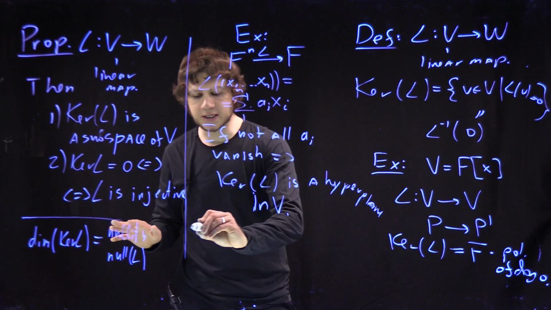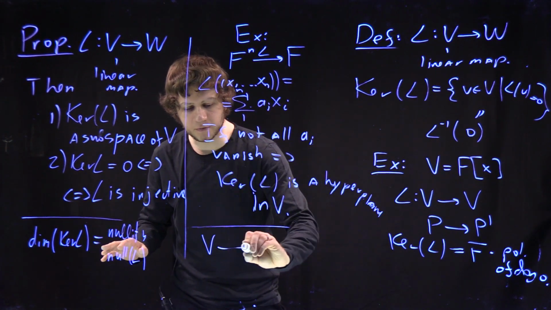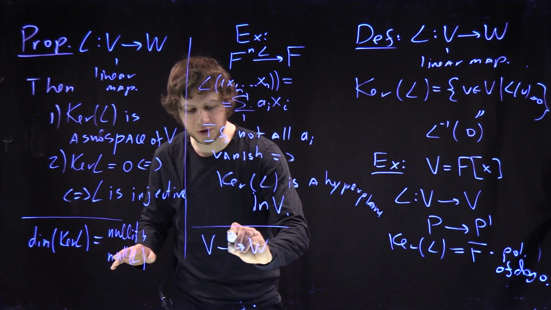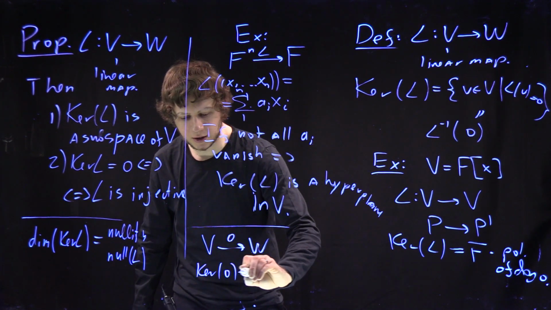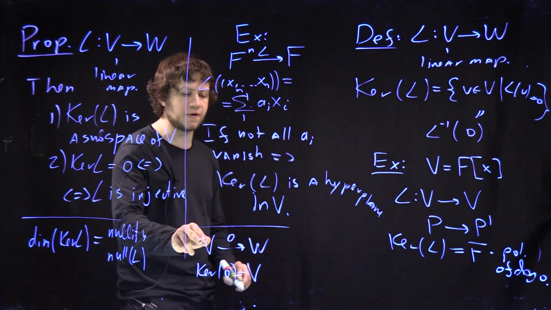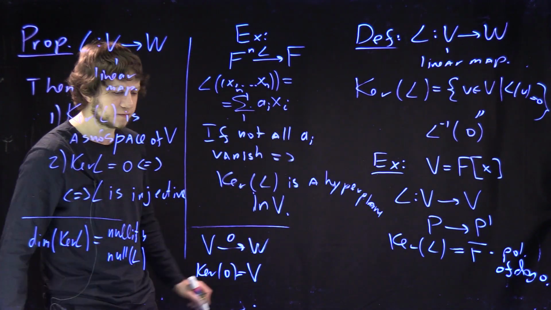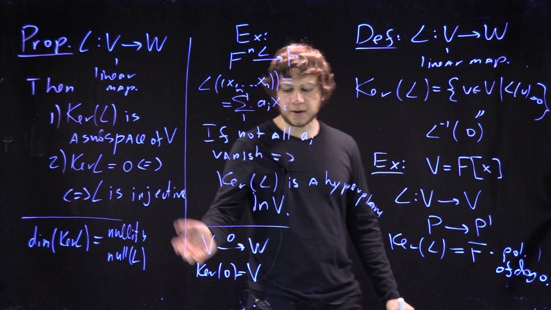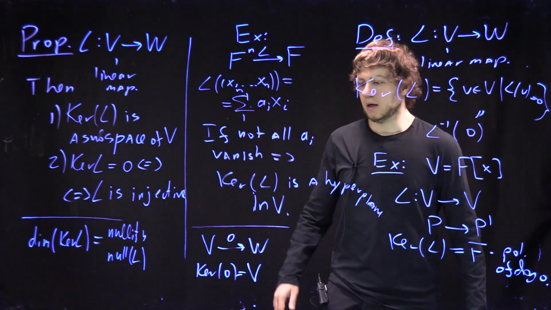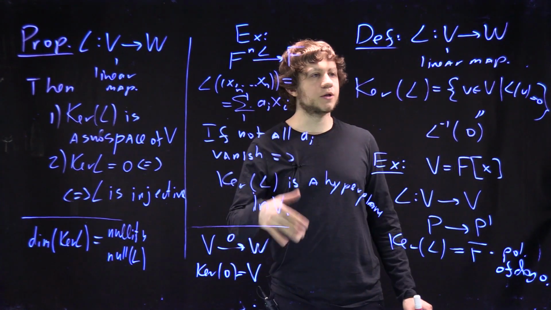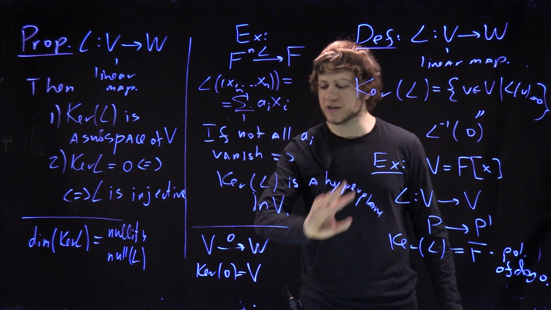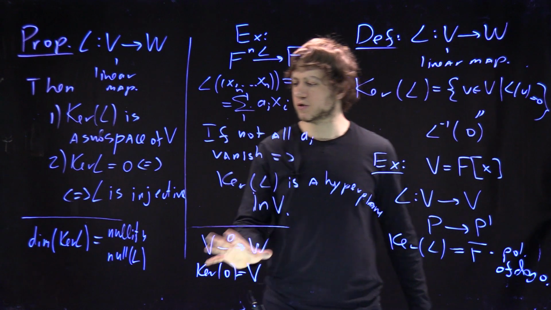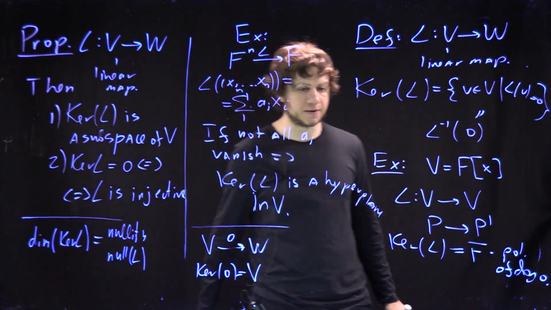A completely crazy example is the map from V to W which just sends everything to 0. Then, of course, the kernel of this zero map is the whole space V. Every vector is going to 0. But more reasonable maps usually have smaller kernels. And finding the kernel is, as we will see later on, the same thing as solving a system of linear equations. So this is related to things we have already seen.